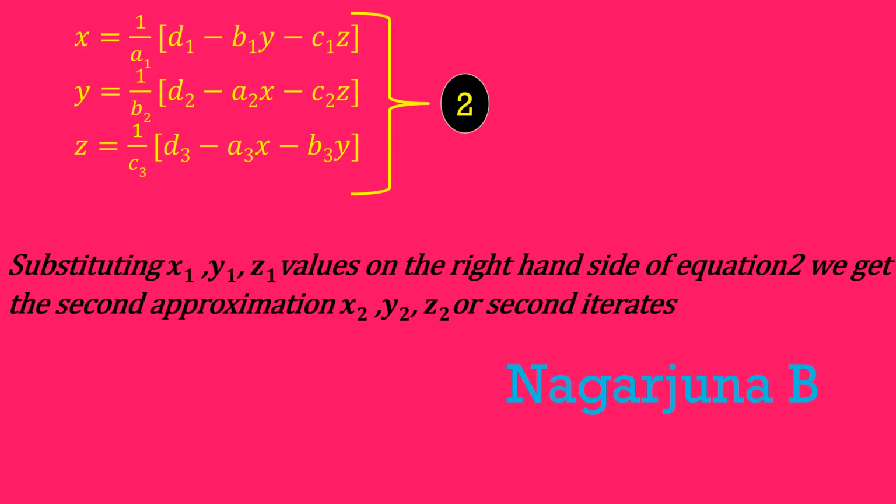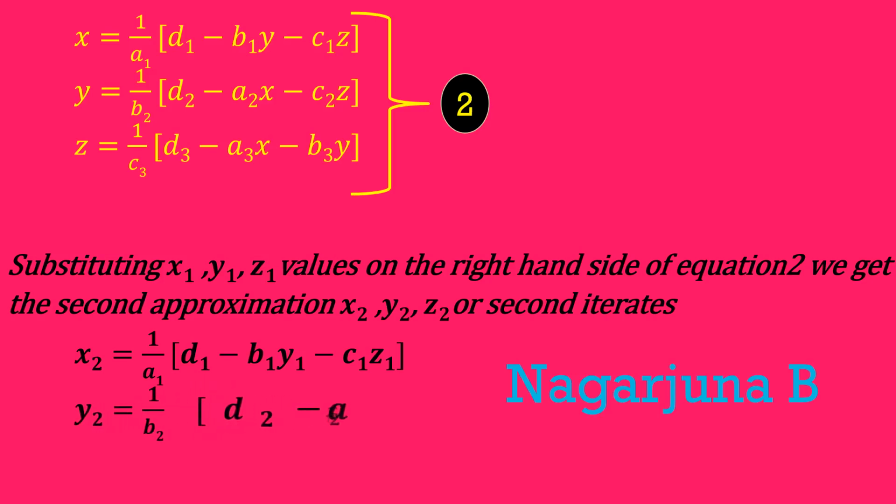Therefore, what do we get? x2 is equal to 1 divided by a1 into d1 minus b1 y1 minus c1 z1. That is, we have replaced y with y1 and z with z1. The next, y2 is equal to 1 divided by b2 into d2 minus a2 x1 minus c2 z1.